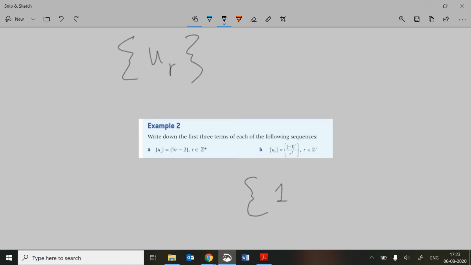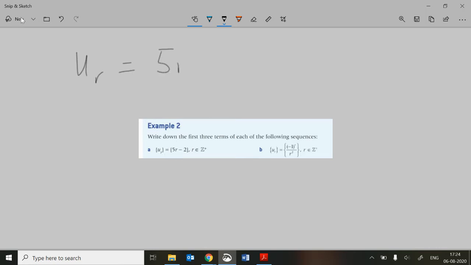They have put u_r as a set of things here as well, and they're defining r to be a member of the positive integers. Integers being 1, 2, 3, 4, 5. You don't really need these curly brackets, to be honest. It's fine just to write u_r. They're just identifying this as a set of numbers that we're interested in. So you don't need the curly brackets in the second bit either.